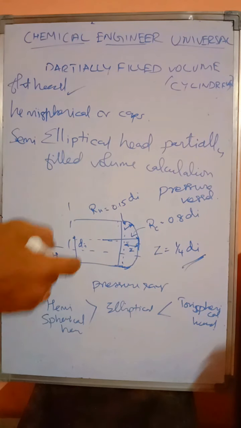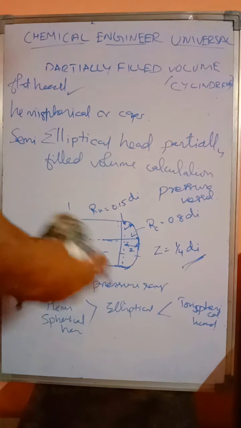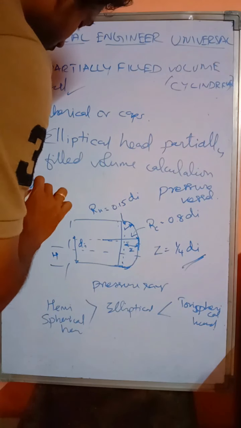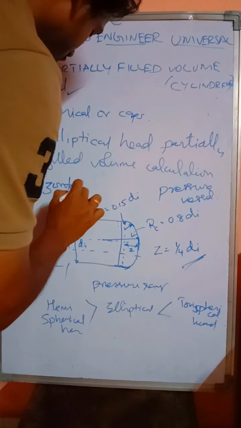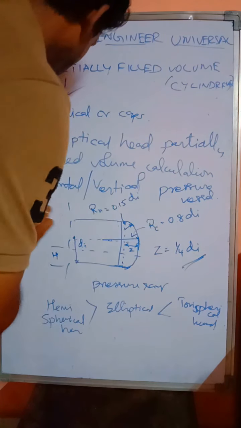And the next thing is, if you go for the formulas, this is mostly similar to the hemispherical formula only to calculate the partial volume. So you can take the last formula, whatever I have written for the caps, even for horizontal type or vertical type.